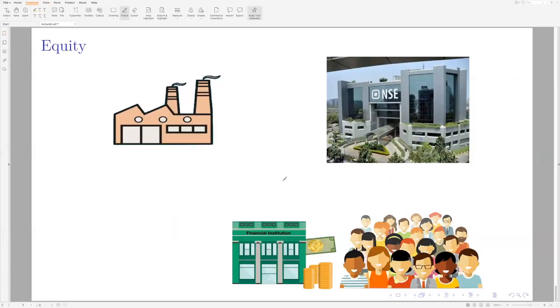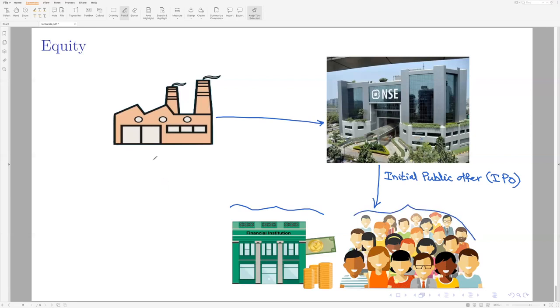The business organizations who want to raise their capital through equity will invite the investors through stock exchanges by issuing what is called the initial public offer. In short, it is called IPO. So the investors can be big institutions and the general public. The entire capital of the company will be divided into n equal parts, and each part is called a share.